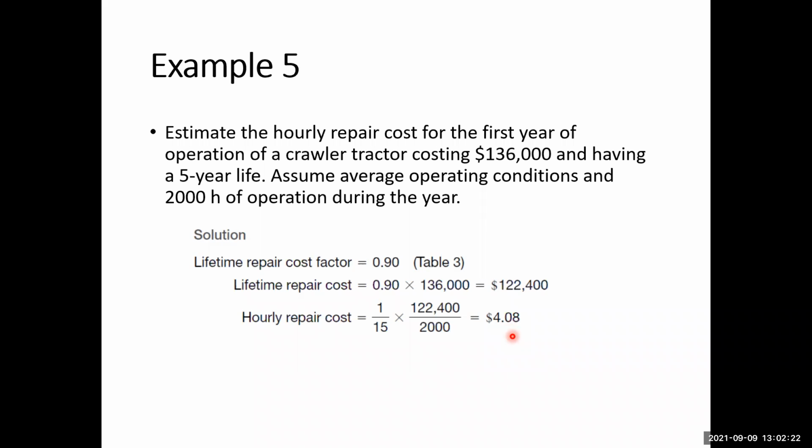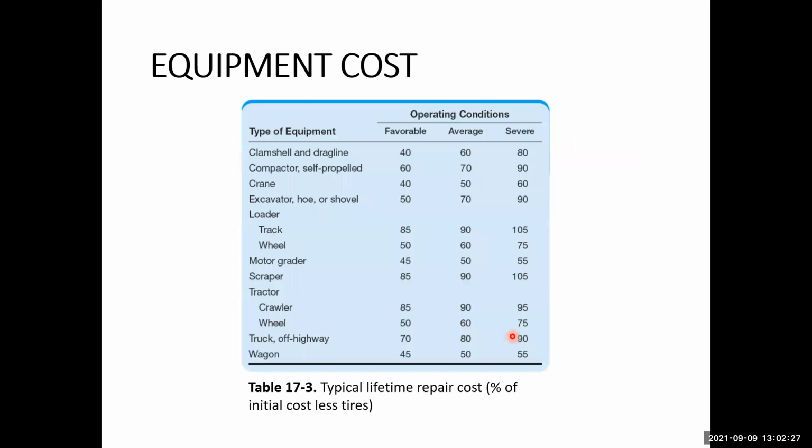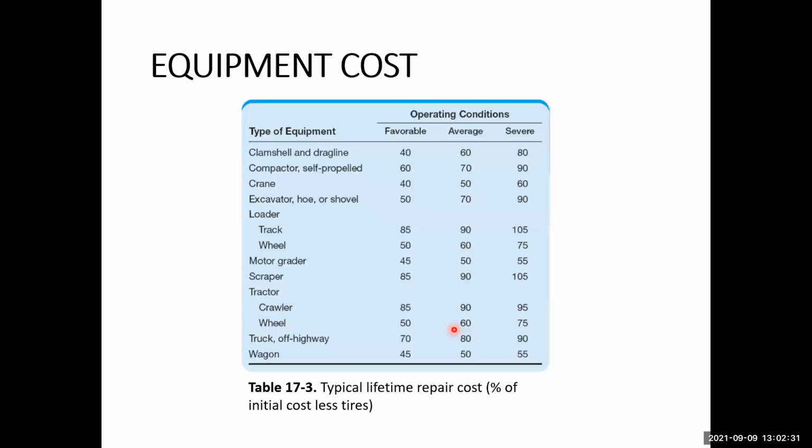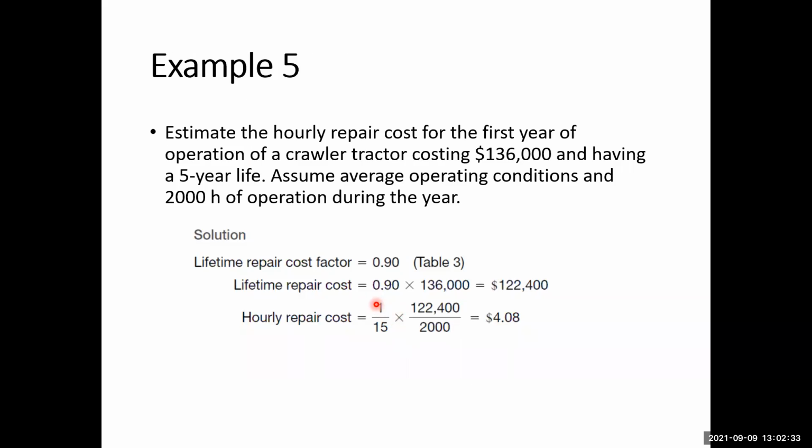Professor, why 1/15? Can you please? Yes, here. Because this $122,400 is the cost for the whole 5 years. So in the first year, it will be 1/15 because 15 is the sum of the years' digits.